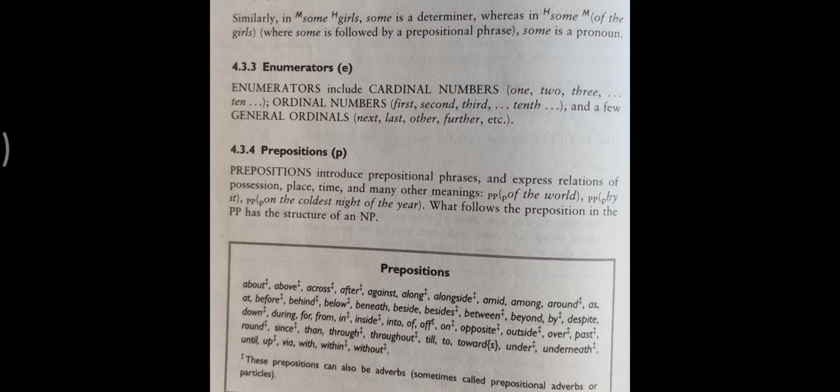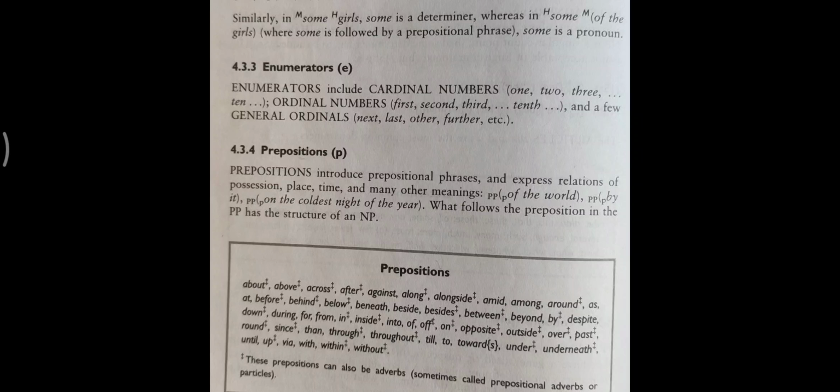Next is enumerators. We have numbers, the words that tell numbers. Enumerators are, see, cardinal numbers 1, 2, 3, 4, like this. And ordinals are first, second, third, 10th, like this. So we have this type of numerals or enumerators.